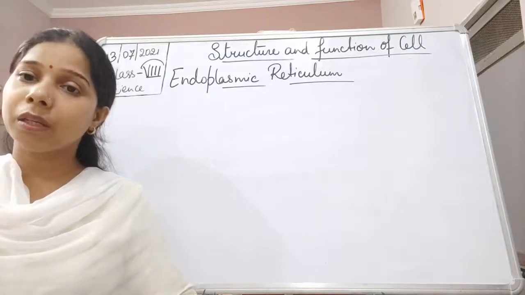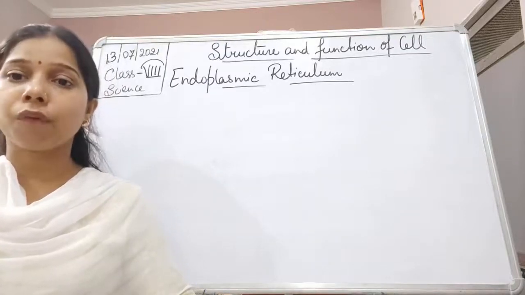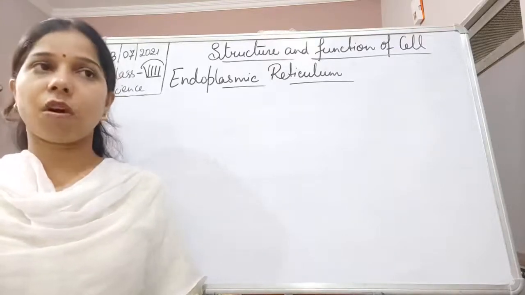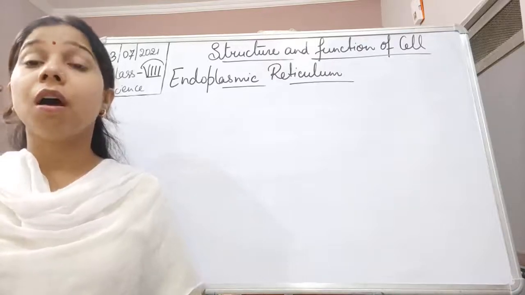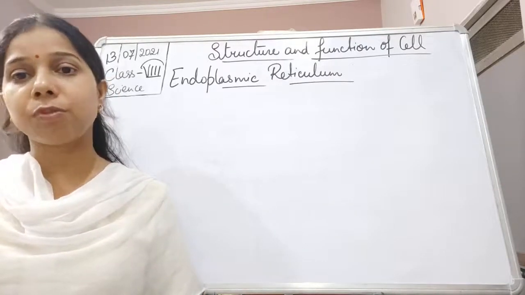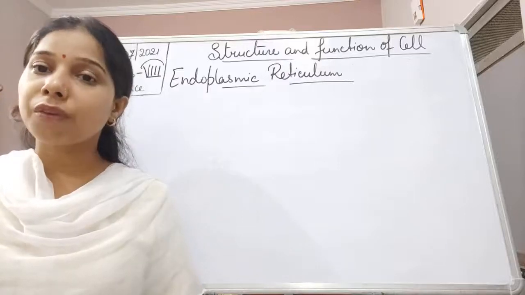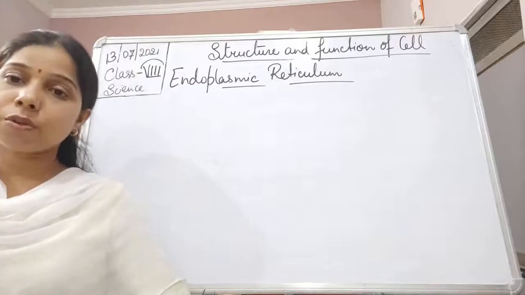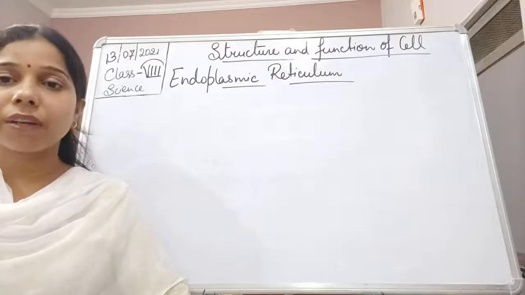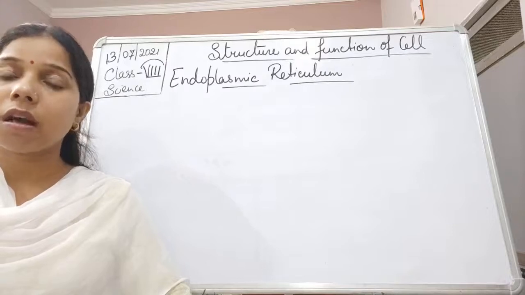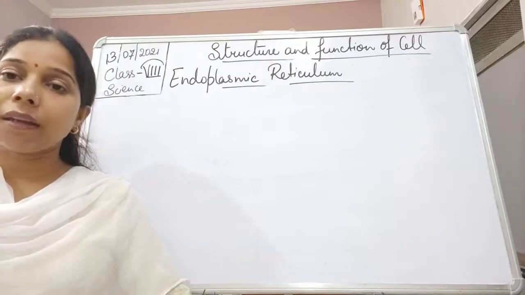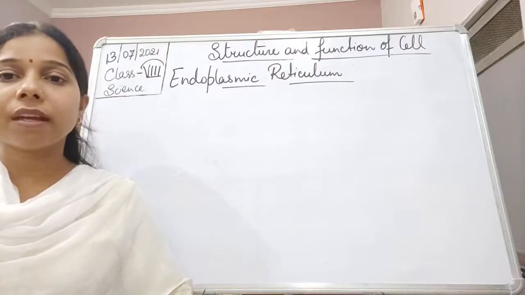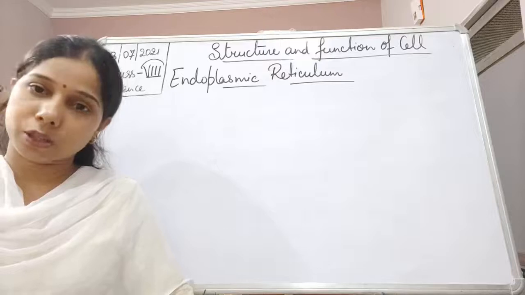The name is given on the basis of the type of surface it has, and the smoothness or roughness of the surface will be because of the presence of the ribosome. If the ribosome is present on the surface, such an endoplasmic reticulum will be called rough endoplasmic reticulum. And if the ribosome is not present, the surface will be smooth, and it is called smooth endoplasmic reticulum.